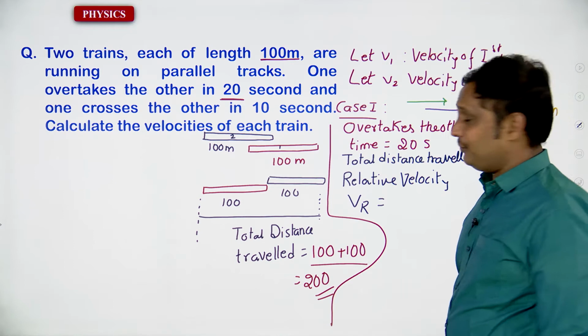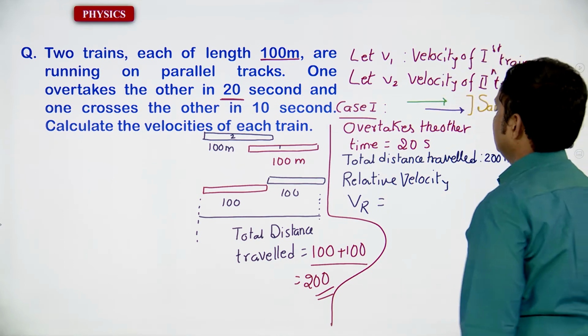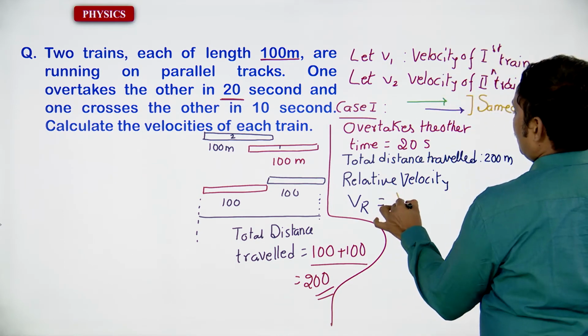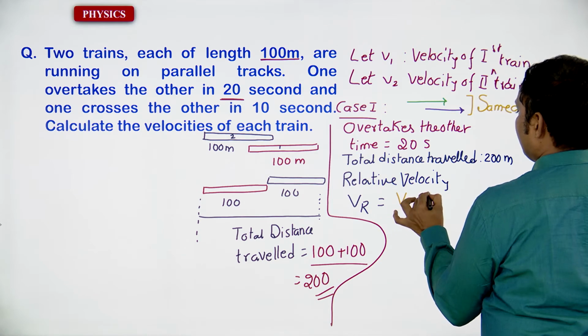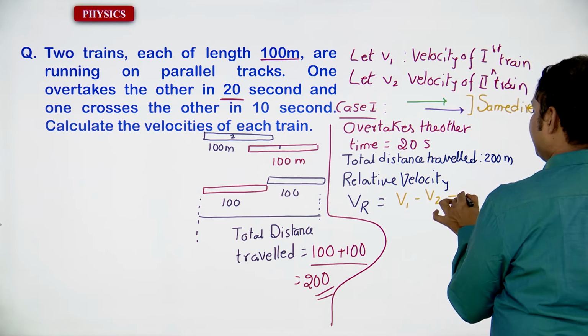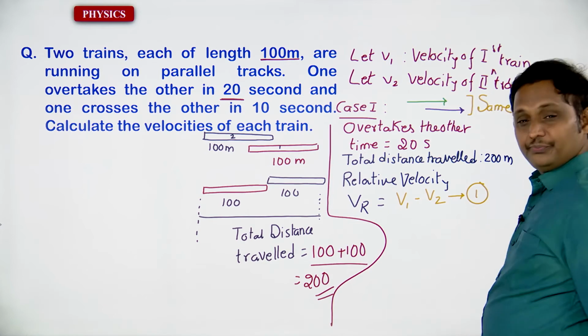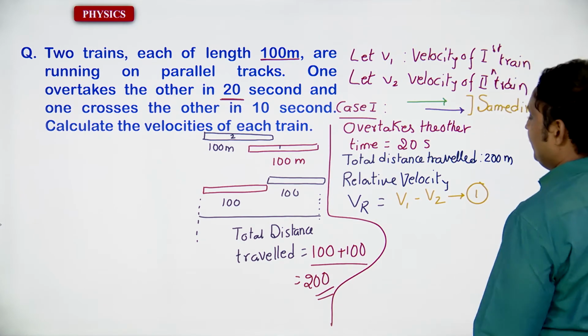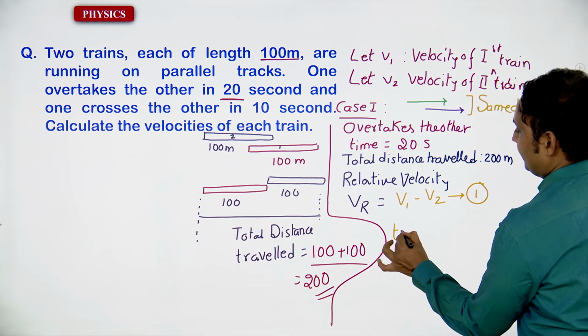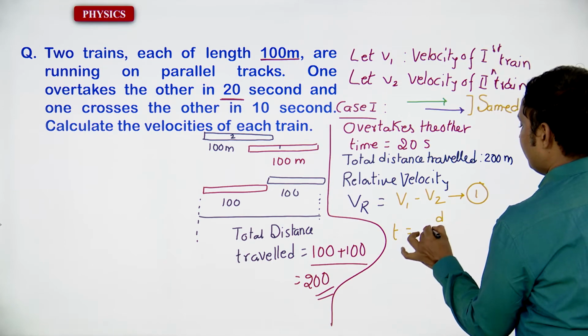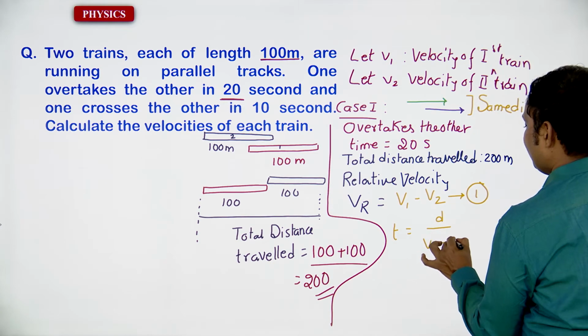All right. Now we would like to go further. VR is equal to V1 minus V2. This is the first equation. Therefore, you will get that T is equal to d by V1 minus V2.